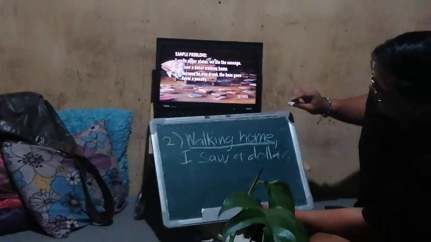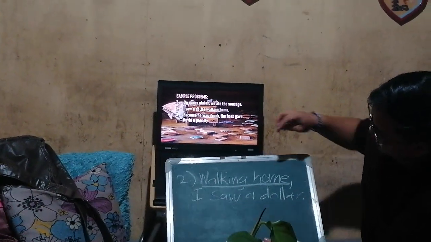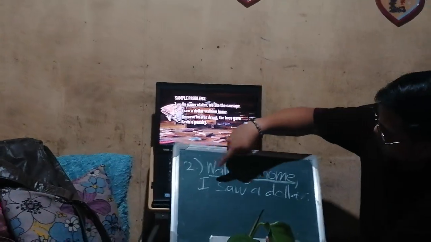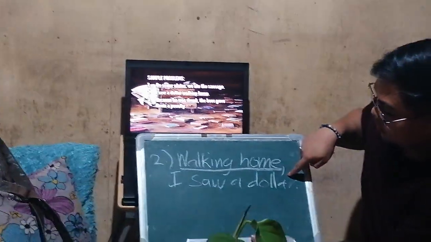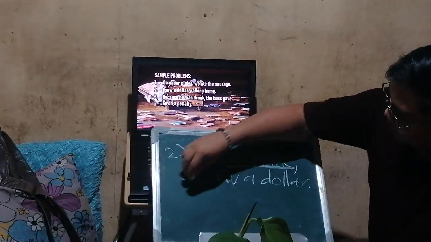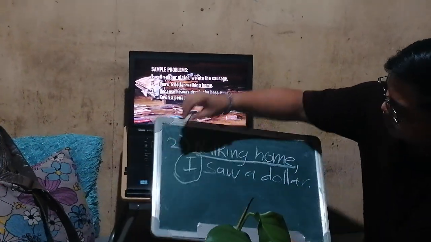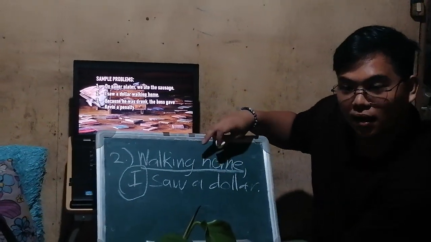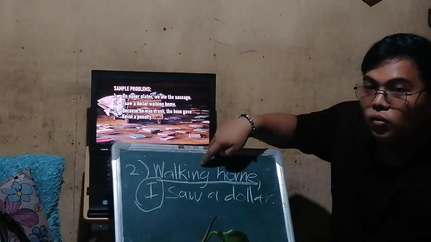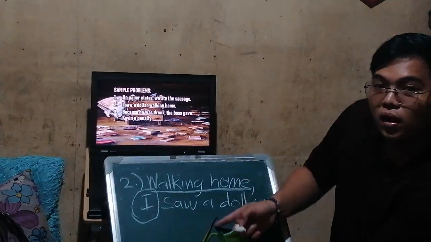So "walking home" is our modifier, and now it says "Walking home, I saw a dollar." Your modifier is "walking home," and it modifies the word I, which implies that I is the one who's walking home and saw a dollar.